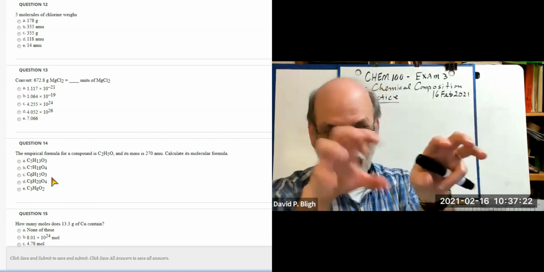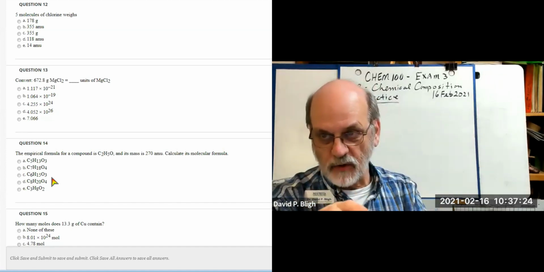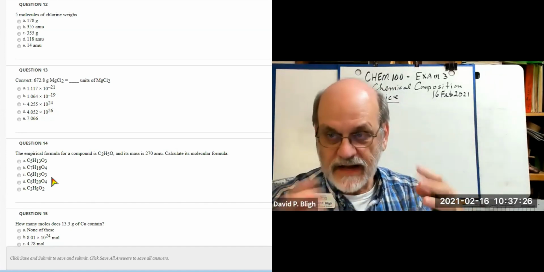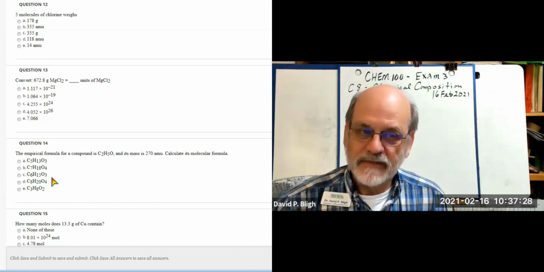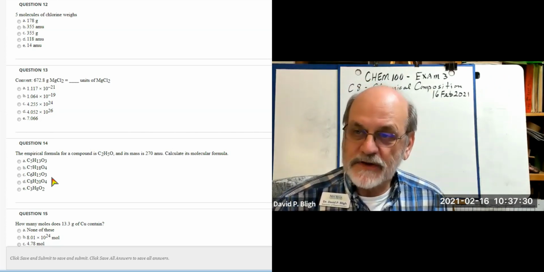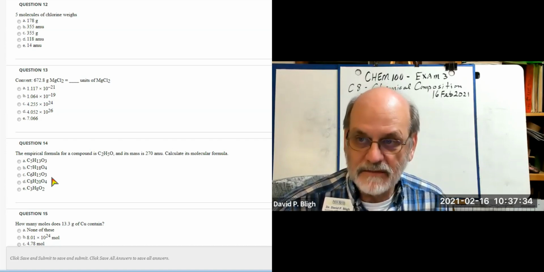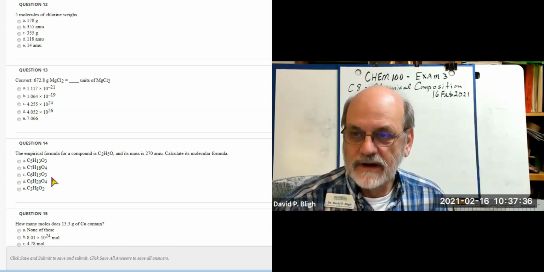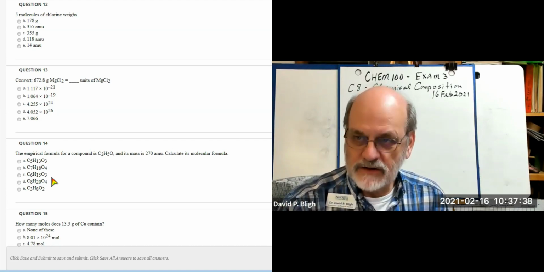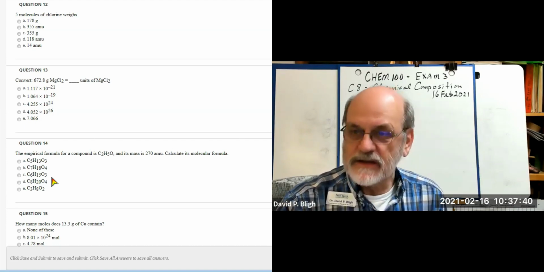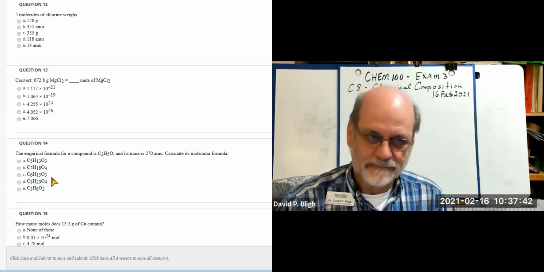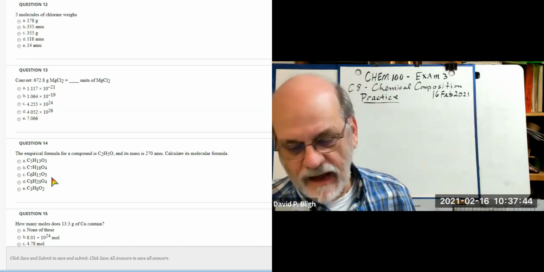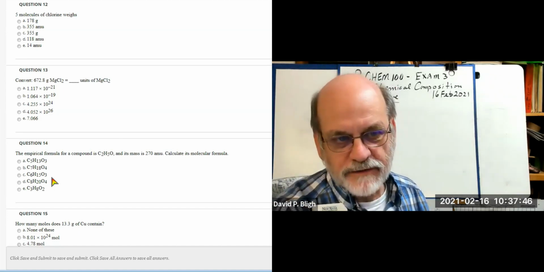It's magnesium, chlorine, chlorine, magnesium, chlorine, positives and negatives opposite one another. So the simplest ratio of magnesium to chlorine in that crystal structure is 1 magnesium and 2 chlorines. So that's why it's a formula unit. All right, so now I'll start my timer and we can figure that one out.